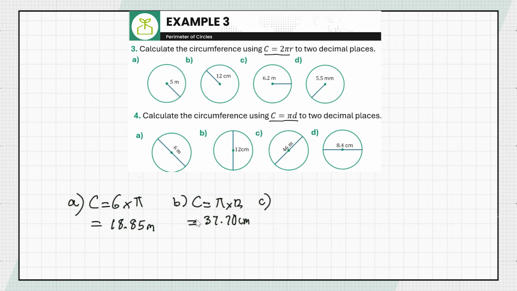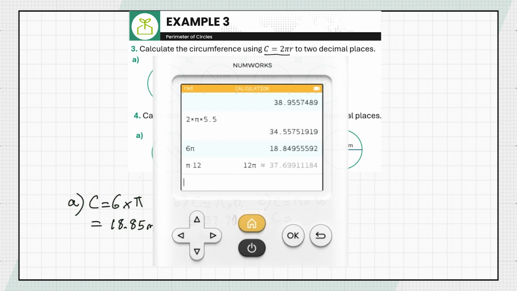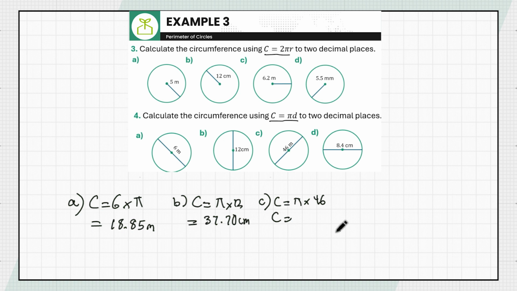Okay, for C, we have our circumference is equal to pi multiplied by a diameter, which is 46. So this is equal to pi multiplied by 46, hit execute, and we get 144.51.